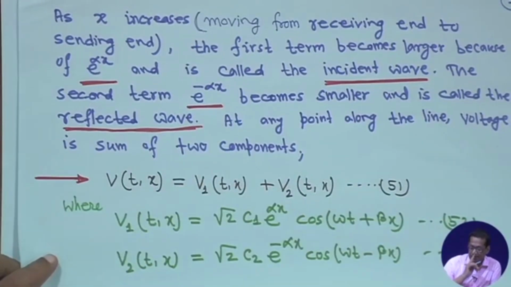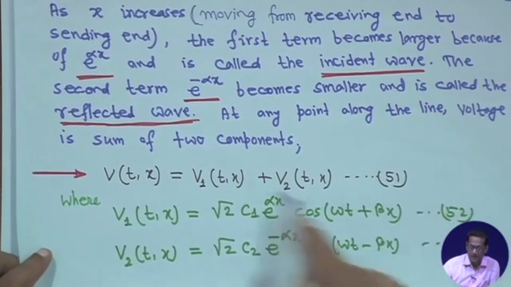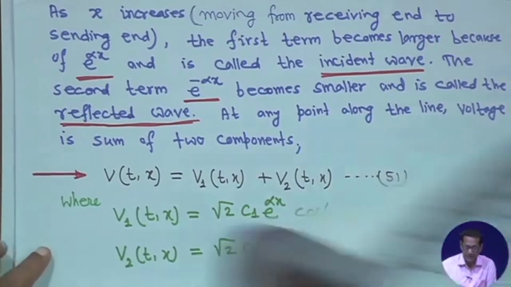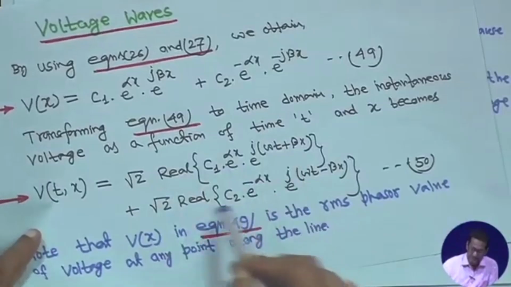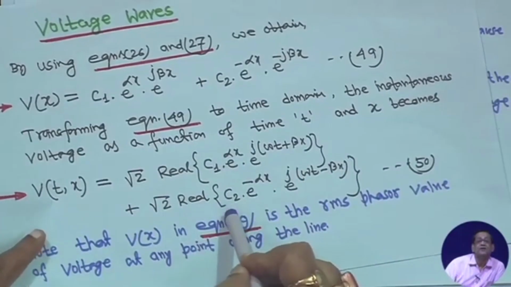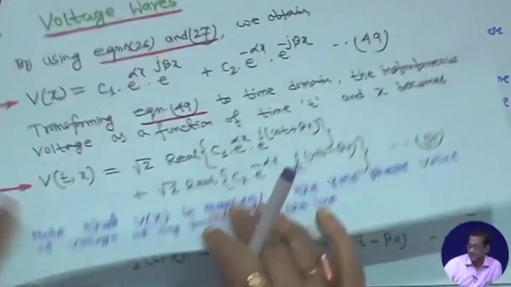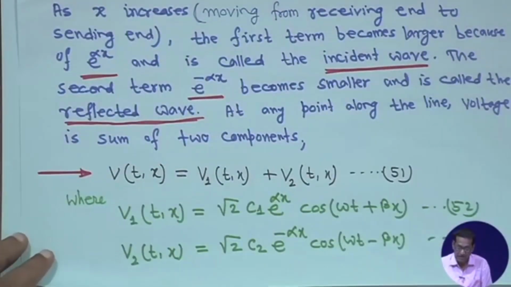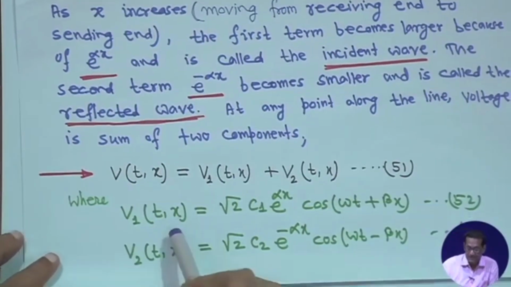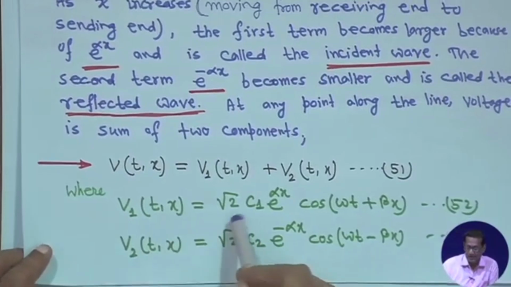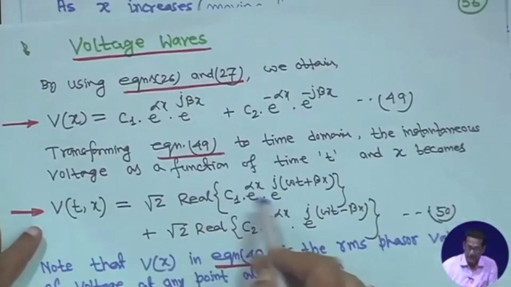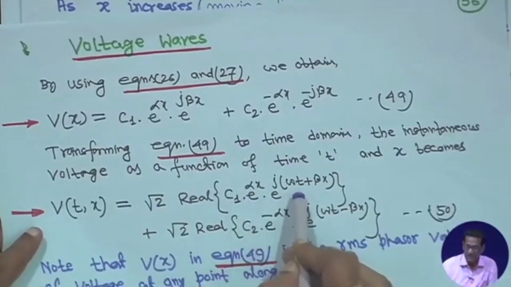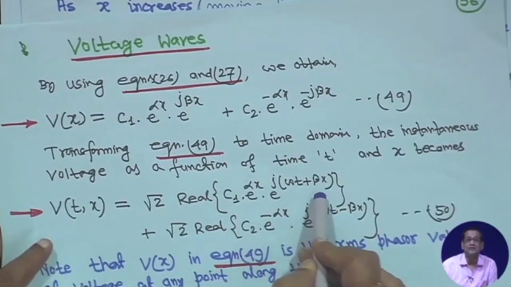So, at any point along the line, voltage is the sum of two components. We define the first term as V 1 of t, x, and the second term as V 2 of t, x. V 1 of t, x is root 2 C 1 e to the power alpha x, and taking the real part, it will be cosine omega t plus beta x.